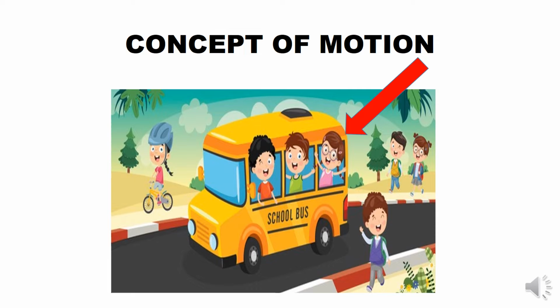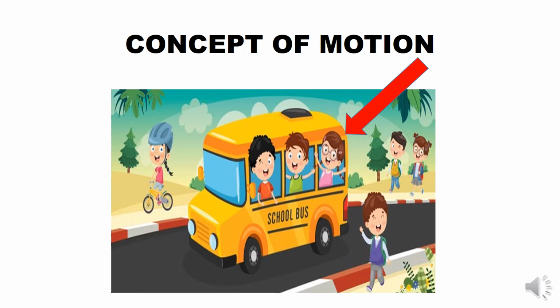Now when the same child sees outside from the window, she sees that the trees are there, the children are walking on the road, the children are cycling on the footpath, and some people are walking on the road. इस बच्चे के लिए as the bus is moving, the trees, the children who are outside, the people who are outside, the buildings, the poles, they are moving, right?